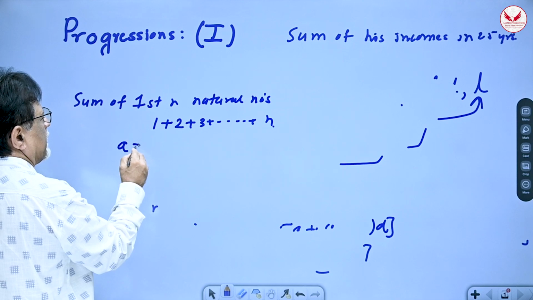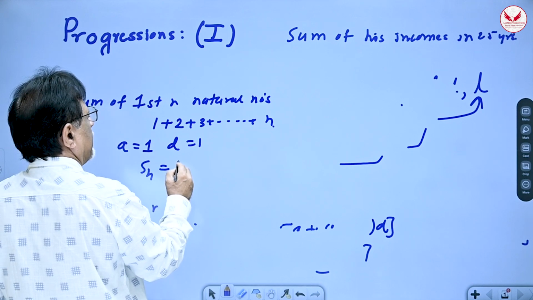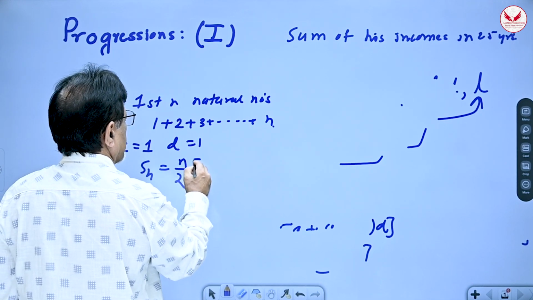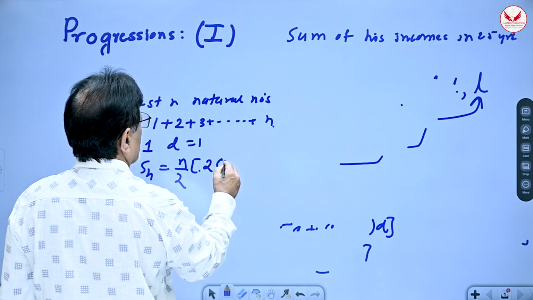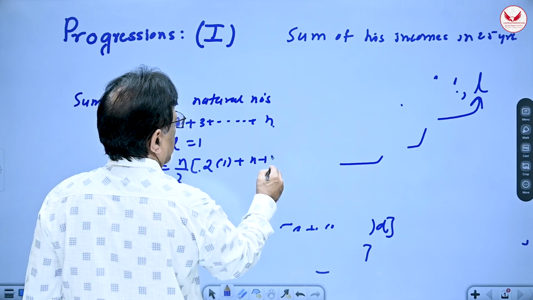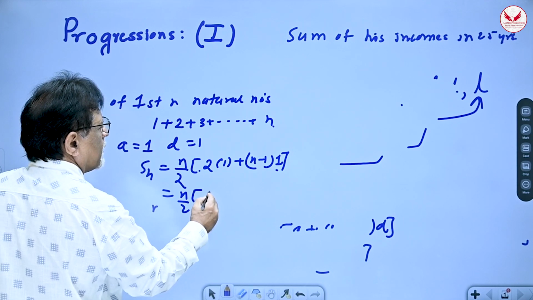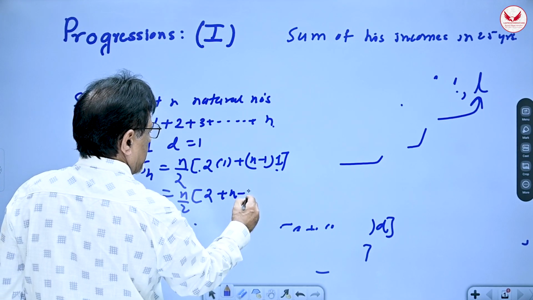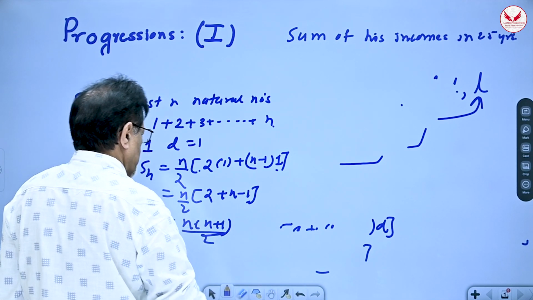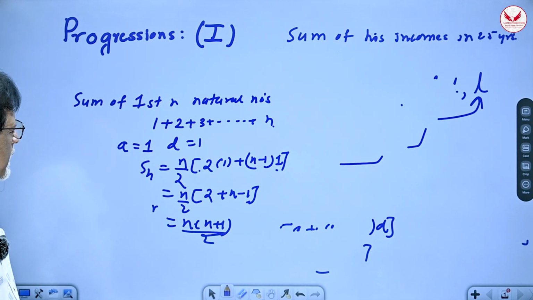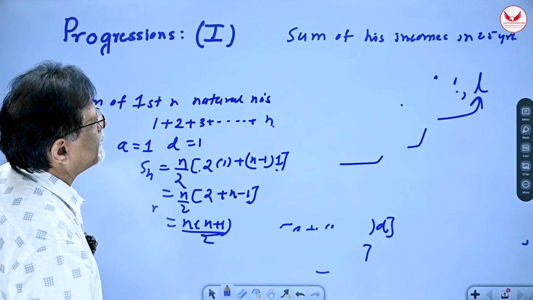According to the formula, A is 1 and D is also 1. So Sn is given by n upon 2 multiplied by 2A, that is 2 into 1, plus n minus 1 into D, which is also 1. Therefore, it is n by 2 multiplied by 2 plus n minus 1, which gives you n into n plus 1 divided by 2. Correct? So, if I want to find the sum of the first 100 numbers, it is 100 into 101 upon 2. That is 50 multiplied by 101.